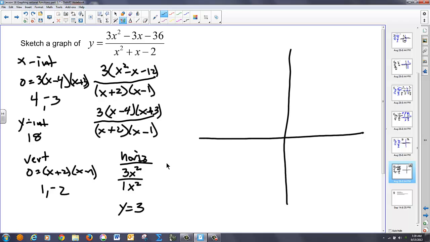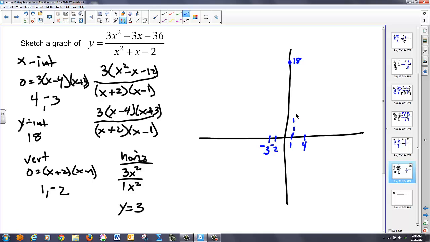And again, it's going to be a sketch because I got this big number of 18 thrown in here. So here we go. Here's a y-intercept up at 18. Call this 18. We've got an x-intercept at 4. Let's make this 4 and negative 3. Vertical asymptote at 1 and negative 2.